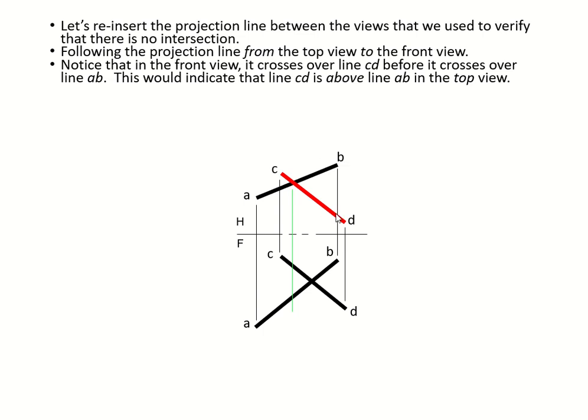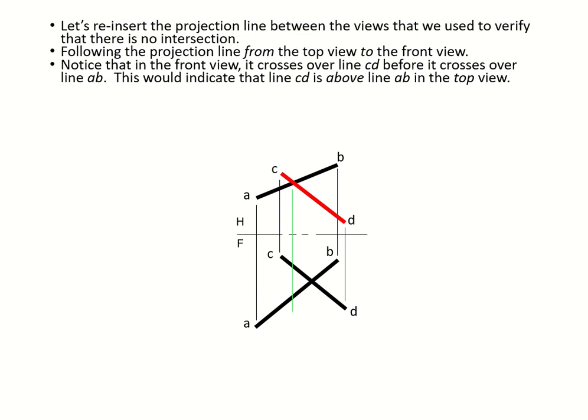We're talking about the top view. CD is on top of AB because we start drawing our projector line from this crossover from top to front, and it hits CD first.